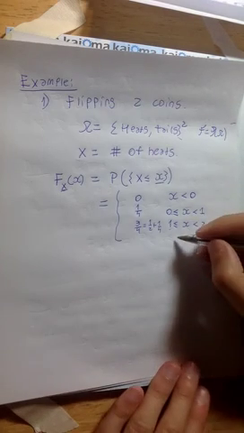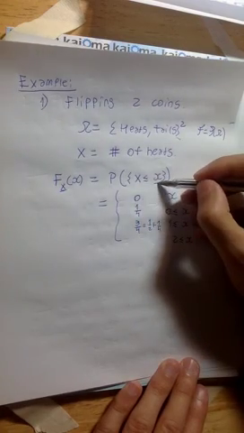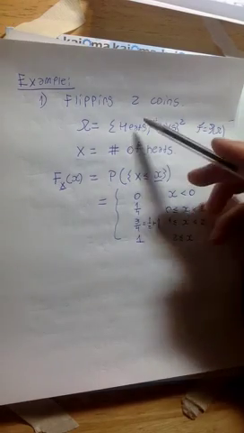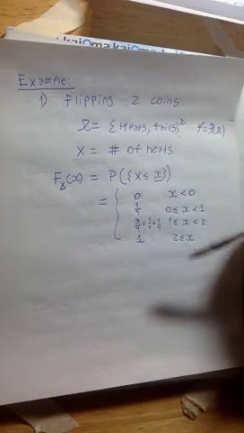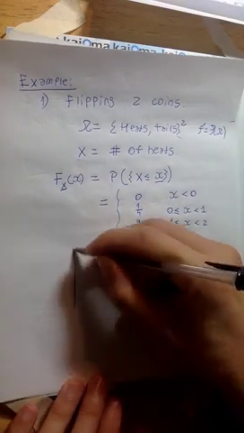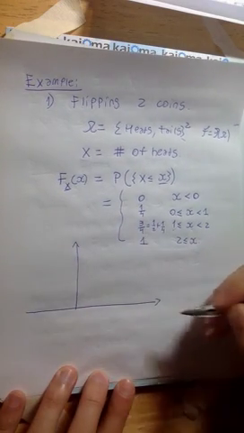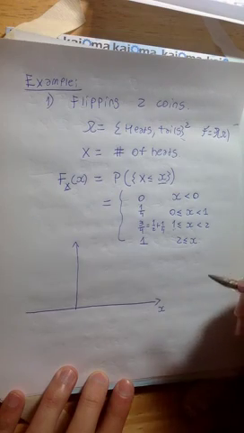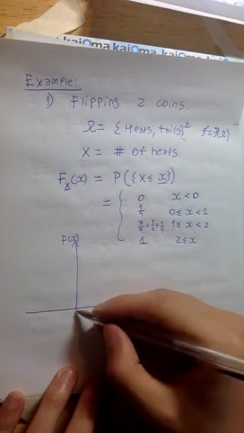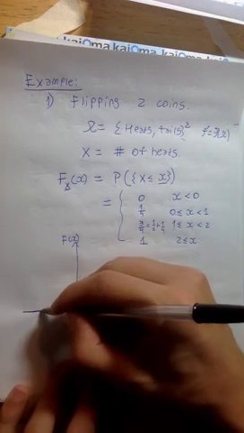And then finally, what is the probability that you get at most 2 heads? The probability that you get less than or equal to 2 heads will be 1, because you are flipping the coin only 2 times, so you can only get at most 2 heads. If we try to plot this function, here we have x in R, and here we have F of x. For x less than 0, this is 0.